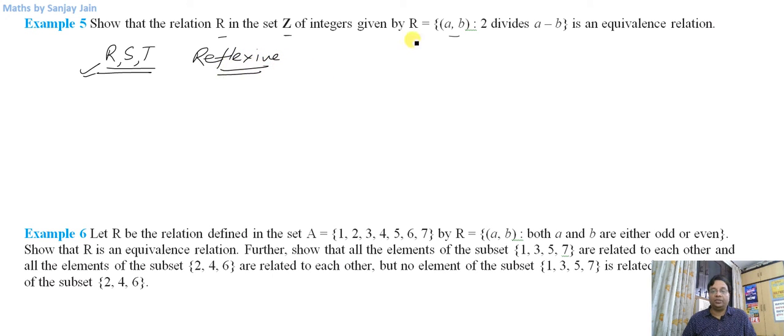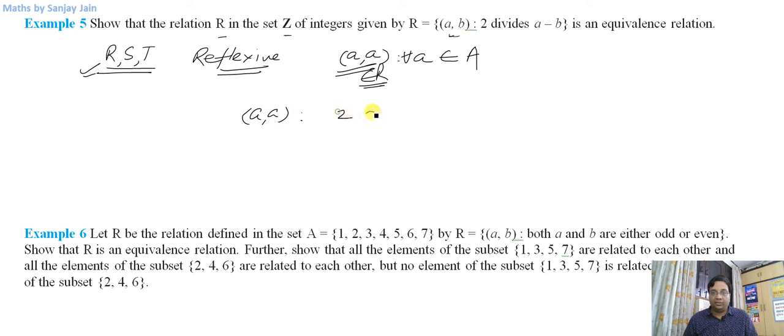For it to be reflexive, all the ordered pairs of this type should be present, such that for all a belonging to A, the pair (a, a) should be present in the relation. What do I mean? (a, b) is such that 2 divides a minus b. So what about (a, a)?